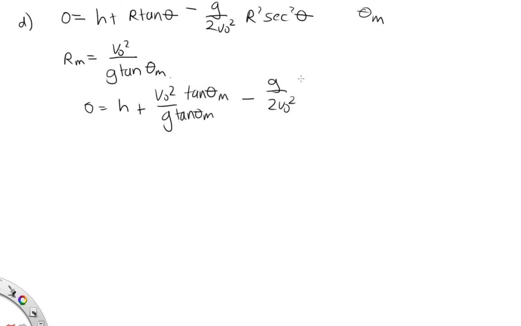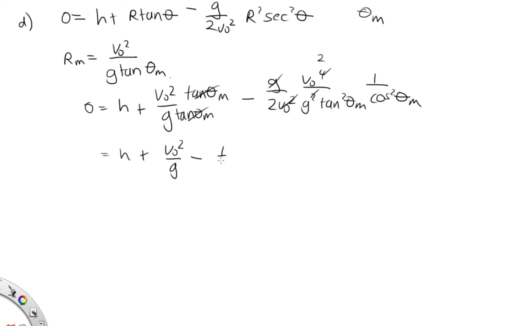Now we substitute for R, so we've got v₀⁴, because this is squared, g² tan²θ_M sec²θ. Let's write sec²θ as 1 over cos²θ_M. Okay, so this is H plus, now these cancel, so we've got v₀² over g minus, this cancels with 2 of those, this cancels 1 of those, so we've got a half v₀² over g.